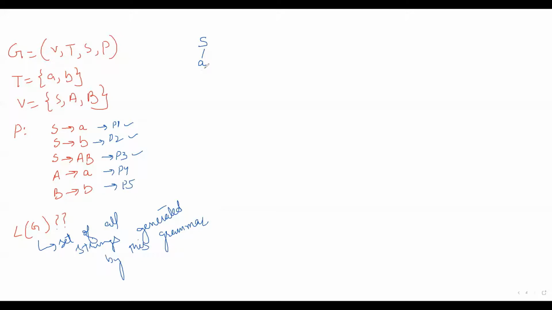Is there any other possibility of derivation? No, because we have reached a terminal symbol. So one string is a. Another string possible is, using production rule 2, S can be written as b. So another string is b. Now another possibility is S can be written as AB, where A can be written as a and B can be written as b.